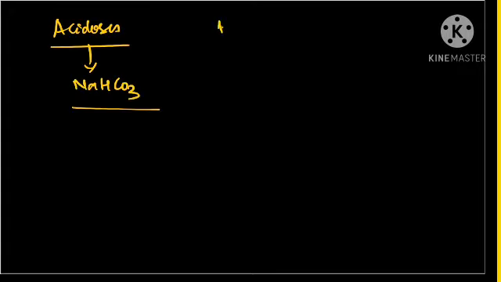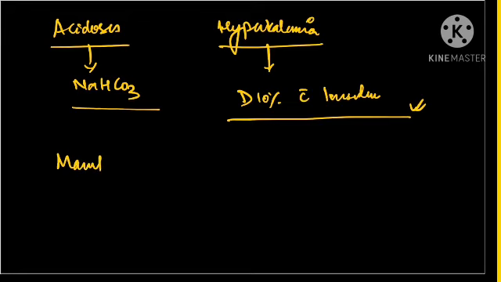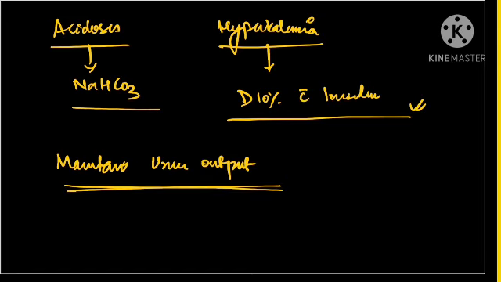We have to correct the hyperkalemia by giving D10% with insulin. We have to maintain urine output. It's very important.